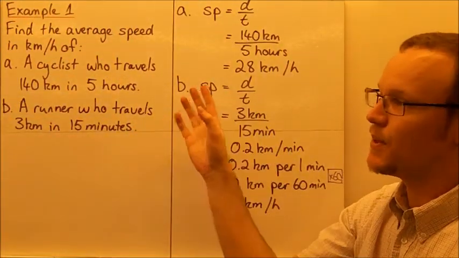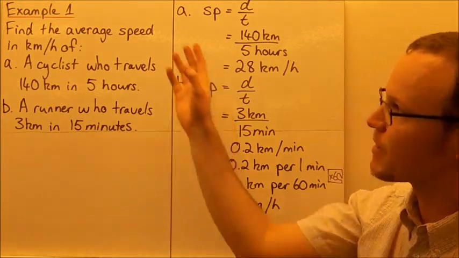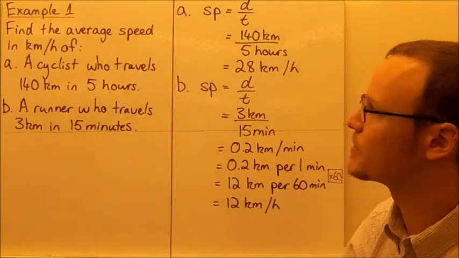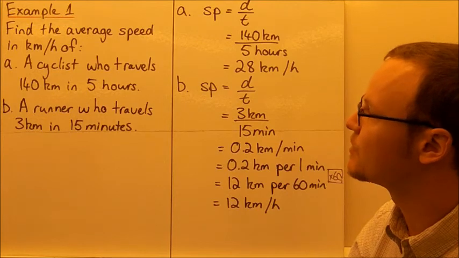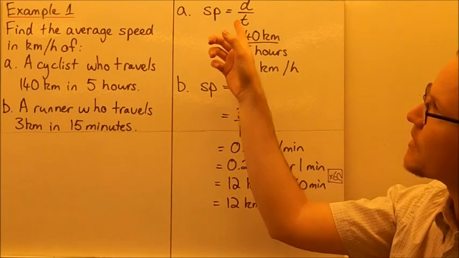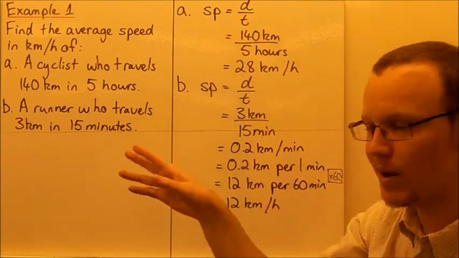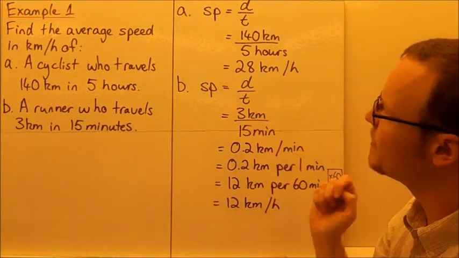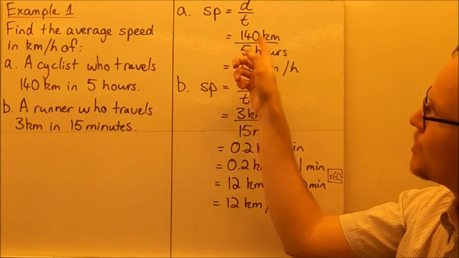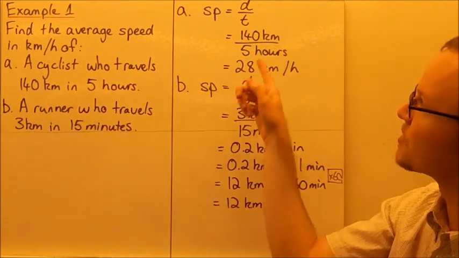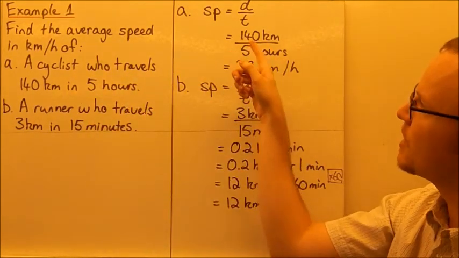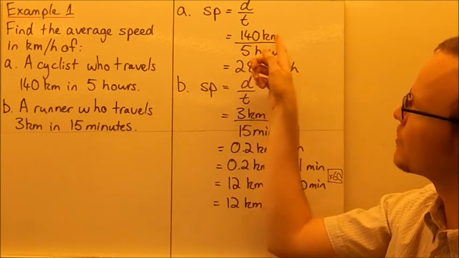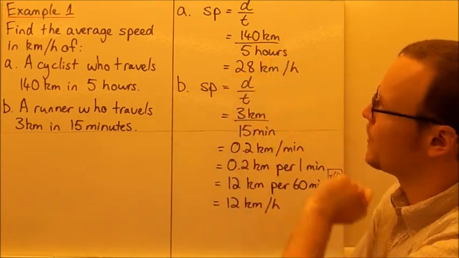So for example, having a look at a couple of examples here, we're going to find the average speed in kilometres an hour of a cyclist and a runner. So looking at speed equals distance divided by time from our triangle, covering up speed, we get distance divided by time. For a cyclist who travels a distance of 140 kilometres in a time of 5 hours, that's 140 kilometres divided by 5 hours.